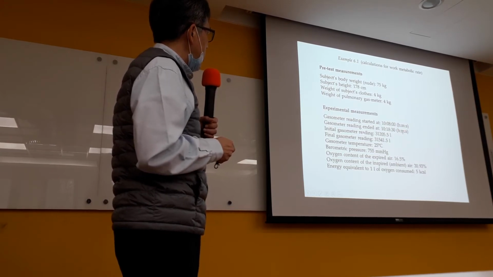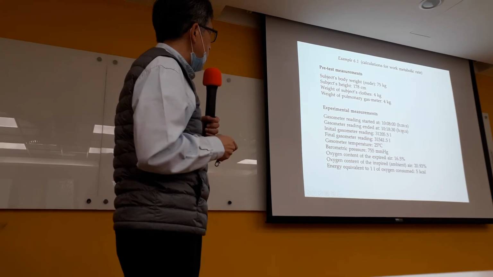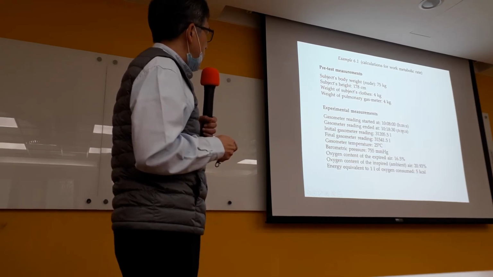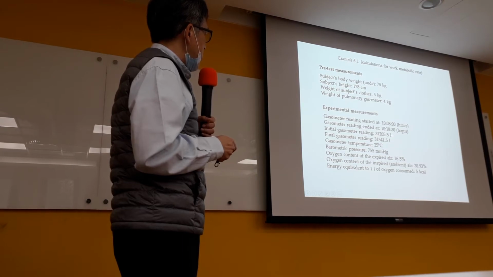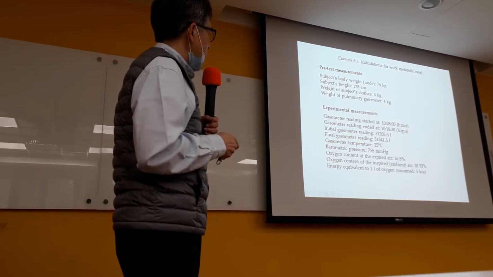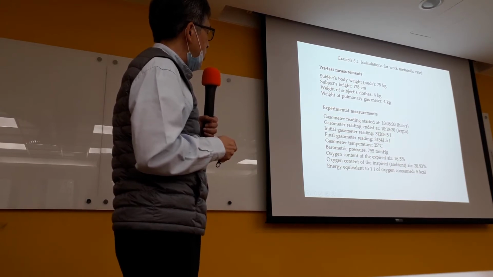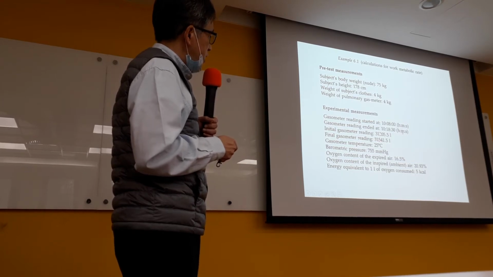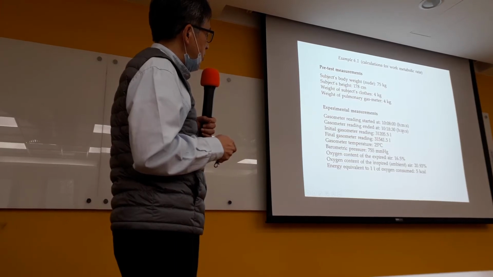Initial gasometer reading before we start, okay, it shows this, the gas it contains, the reading shows this. And final gasometer reading, the gas it contains shows this. So the gas volume increased, okay, about 200 something liters.